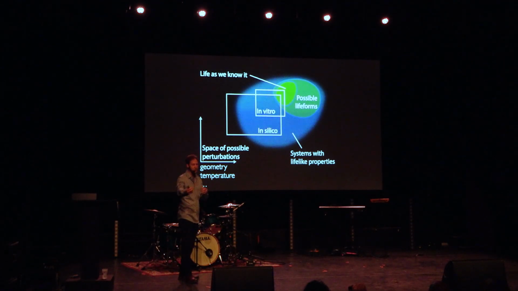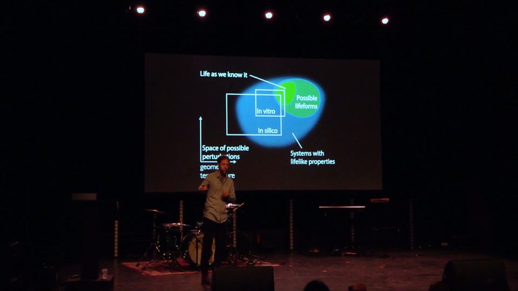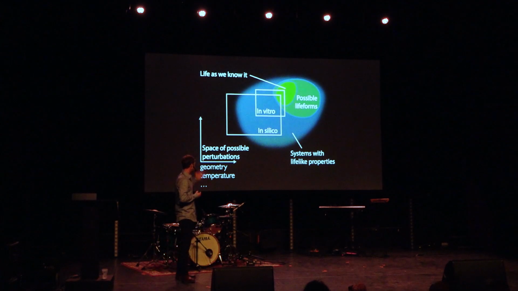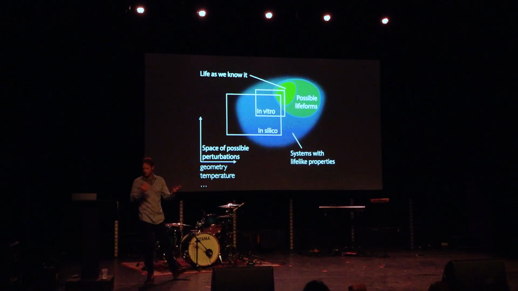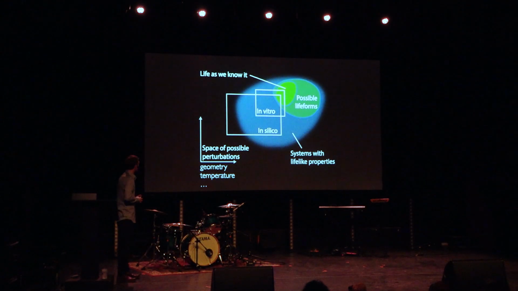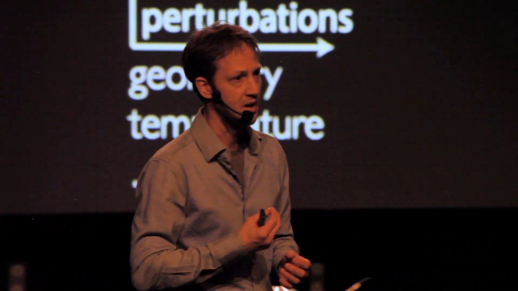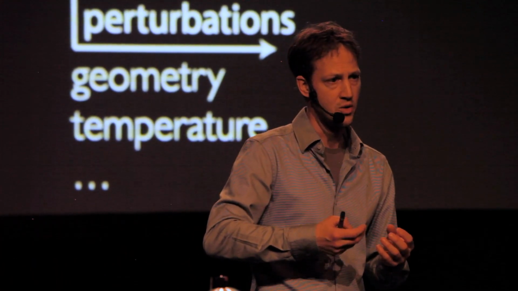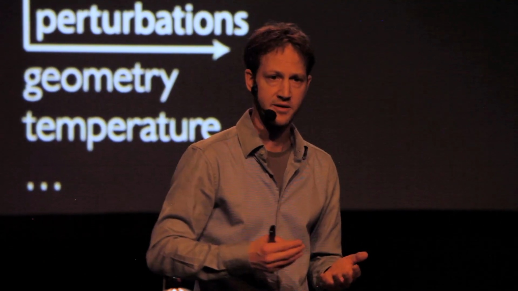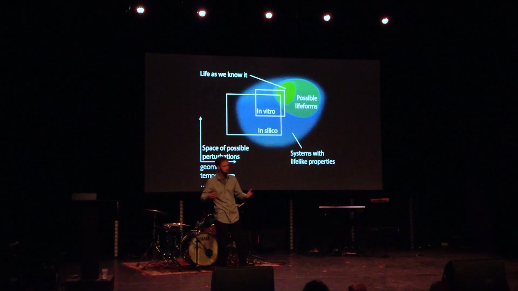We can add multiple components, more or less, just like a recipe that we're cooking with these ingredients. We can change the shape or the geometry. We can change the temperature and see what's out there. And I think that is something that I really like, that we can explore that. And it teaches us something not just about how life is as we know it, but also about how life is as it could be.